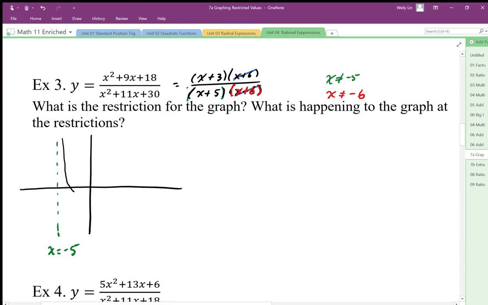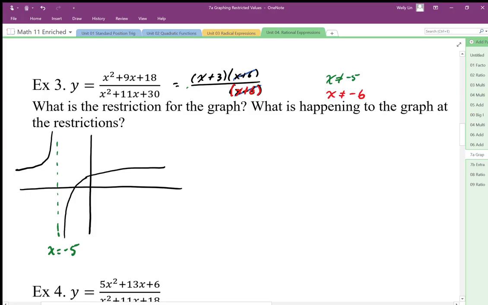Let me just double check that. It's going to look like this, isn't it? It's going to come like this, and the other part of the graph looks like that. So certainly at x equals -5, we have our vertical asymptote.